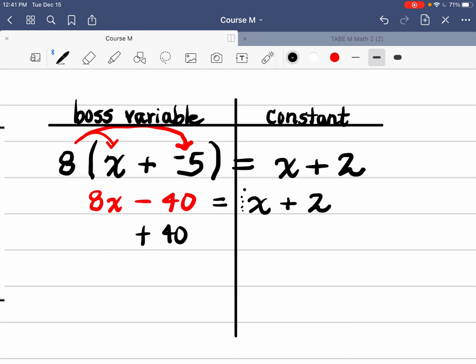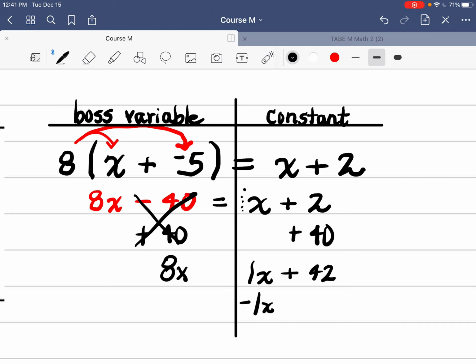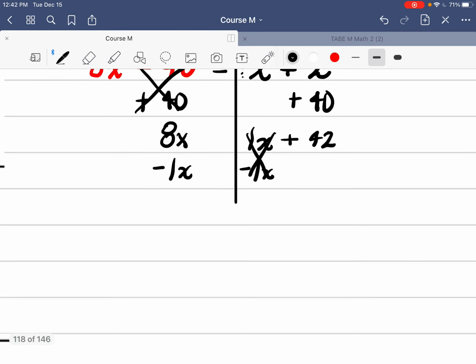So I'll add 40 to both sides, cancel, copy, and then I'll subtract the 1x to get 7x and 42.